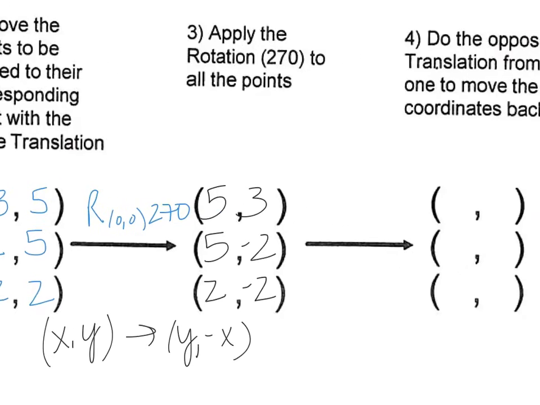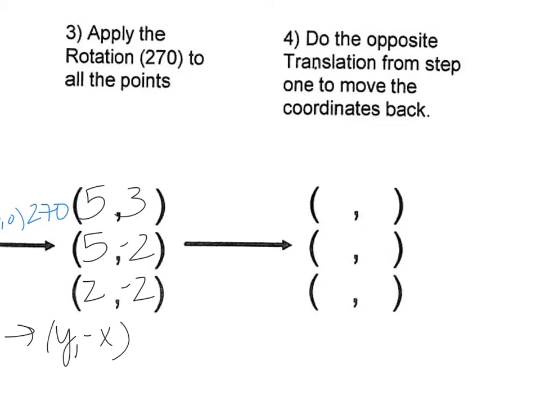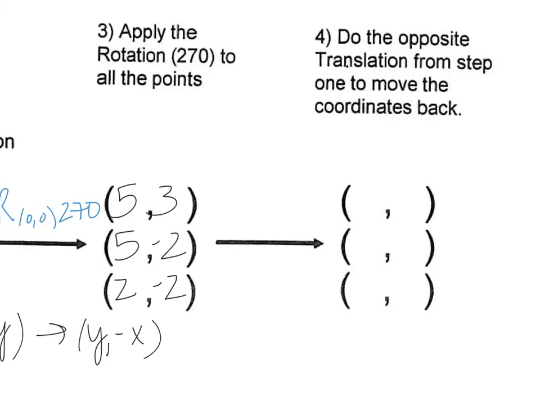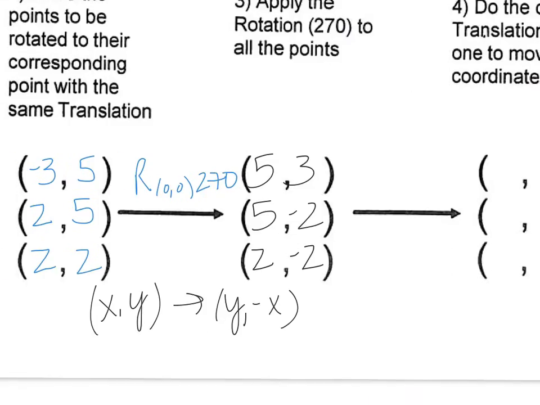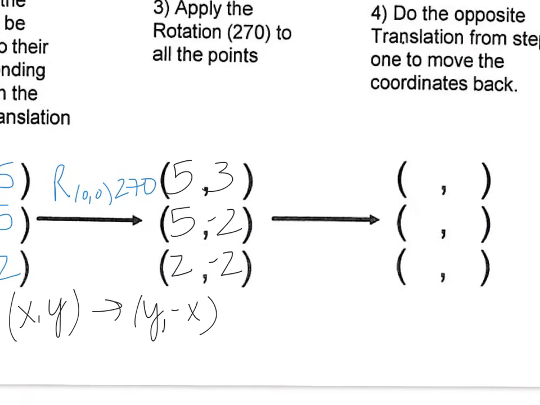The last step is to move the triangle back to the original position by undoing the translation from step 1. So step 1 over here, we subtracted 4 and subtracted 1. So now what I'm going to do is add 4 and add 1.